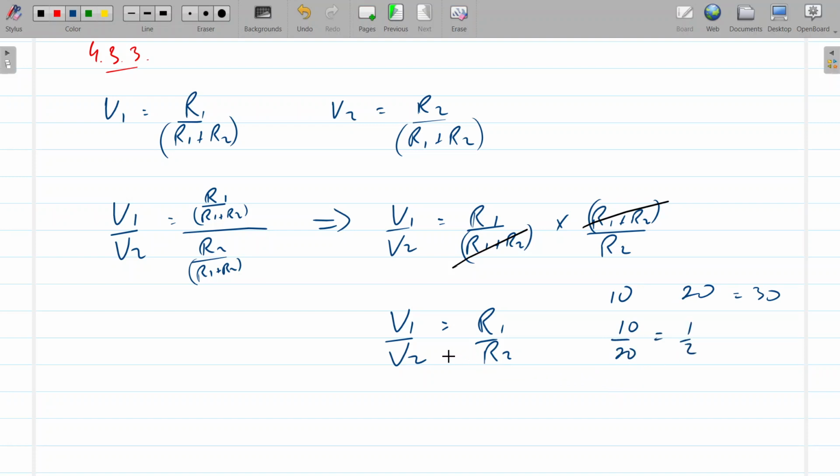Let's say you've got a 6-volt supply, and you split that 1:2, so that will become 2 volts going to the first resistor and 4 volts going to the second resistor. So you can use the ratio of the resistances to figure out how much voltage each resistor is utilizing.